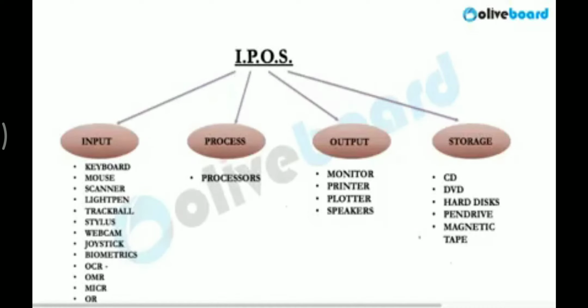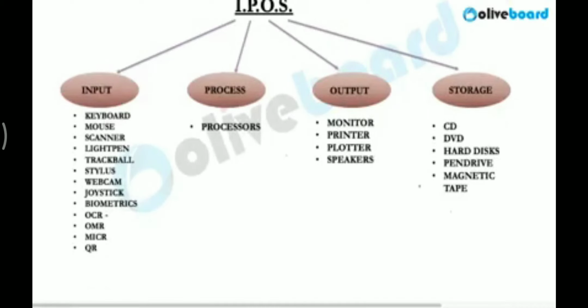The input devices here are the keyboard, mouse, scanner, light pen, trackball, stylus, webcam, joystick, biometrics, OCR, OMR, MICR and QR. These are some of the input devices that we generally use in our day-to-day life.